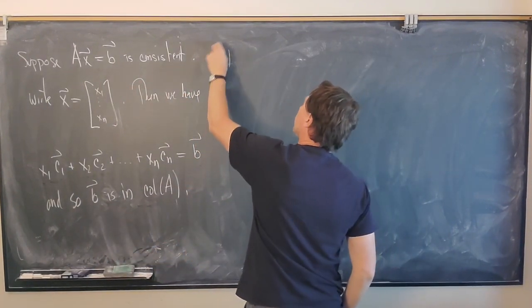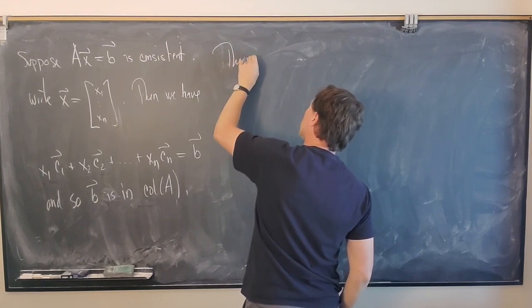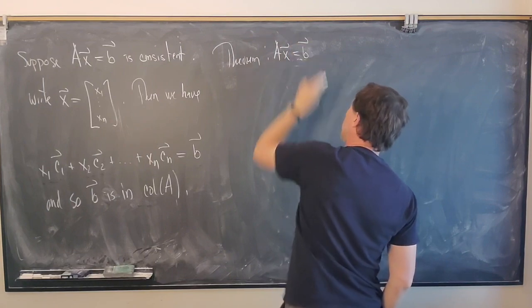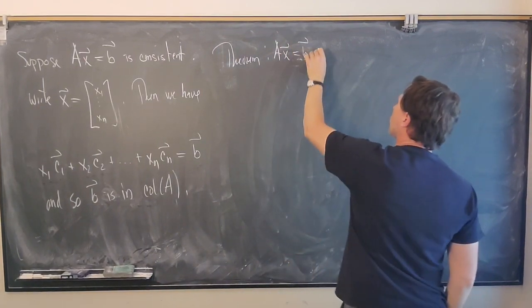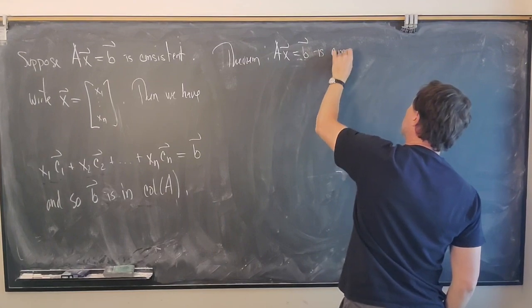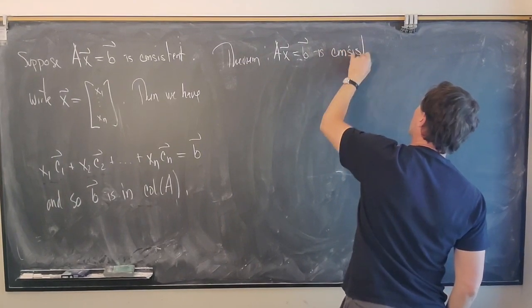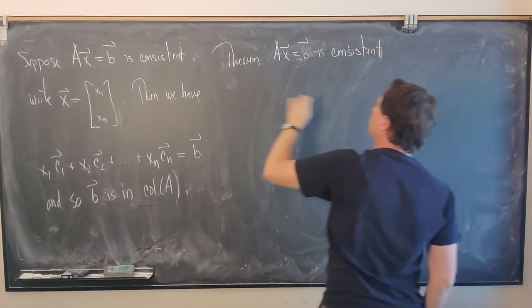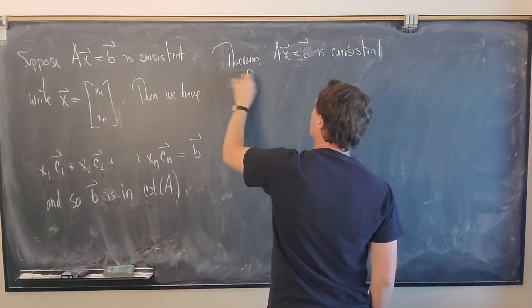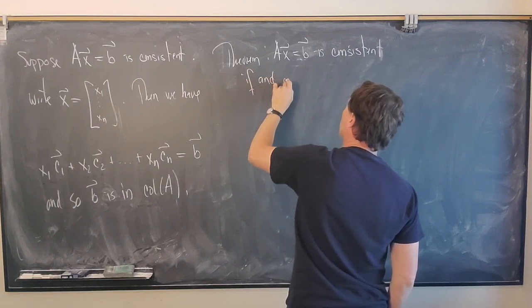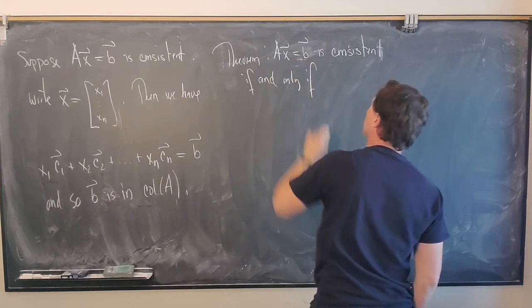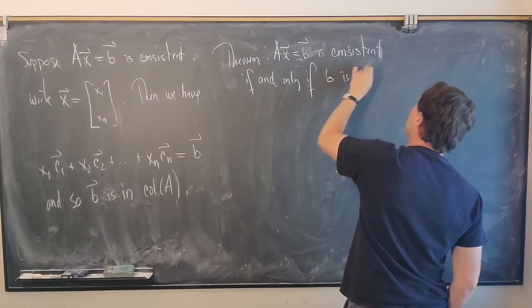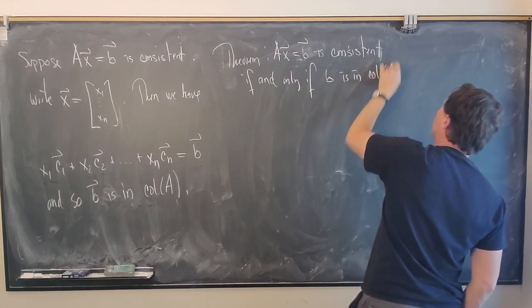Theorem: AX equals B is consistent if and only if B is in the column space of A.